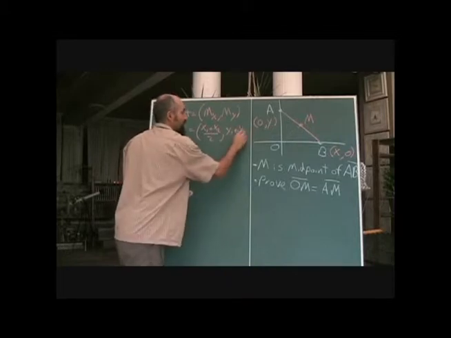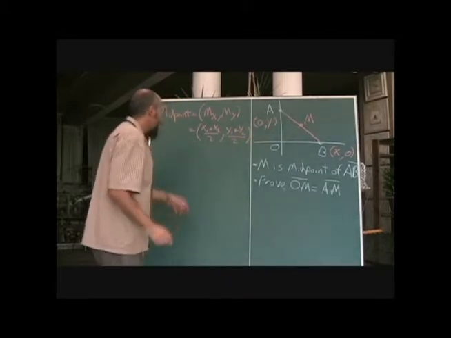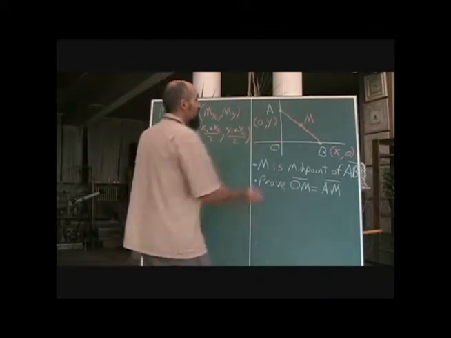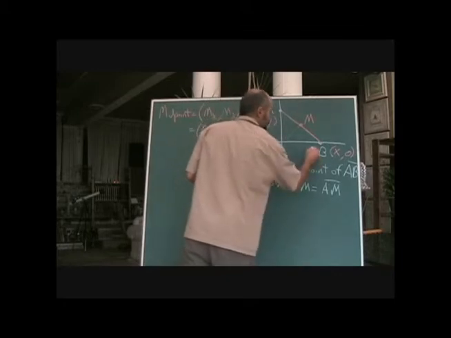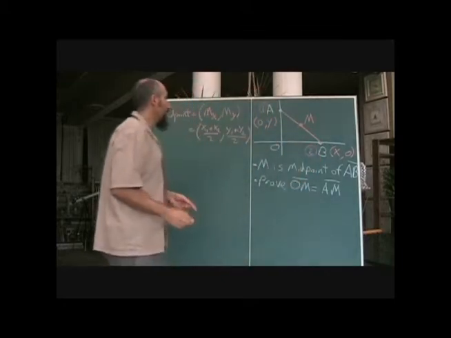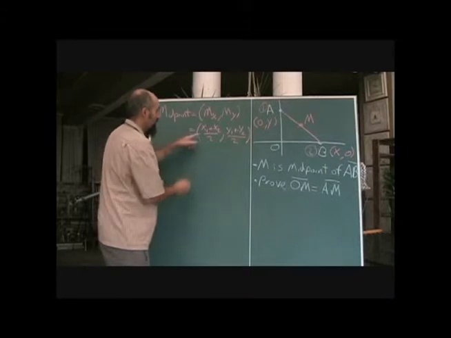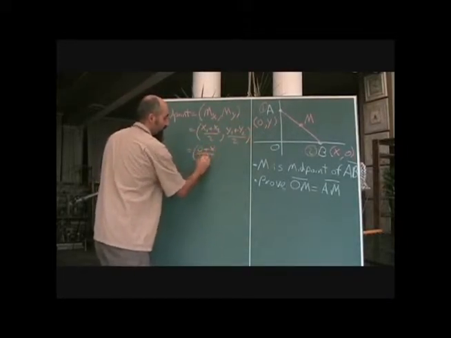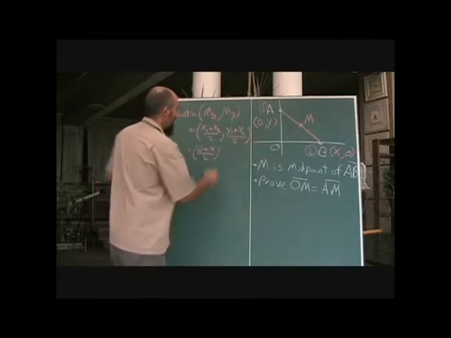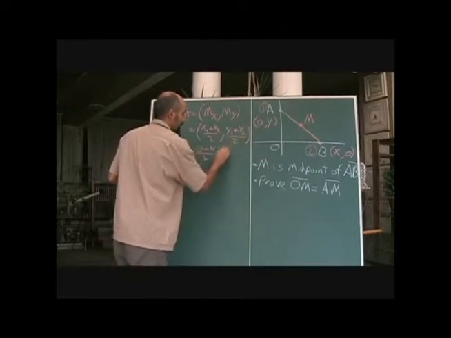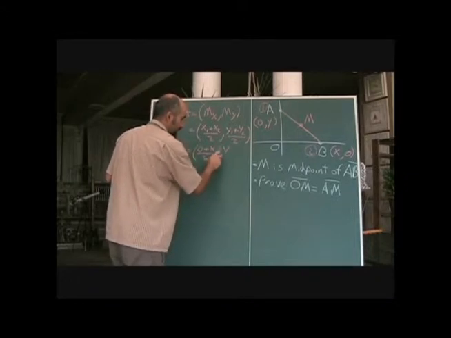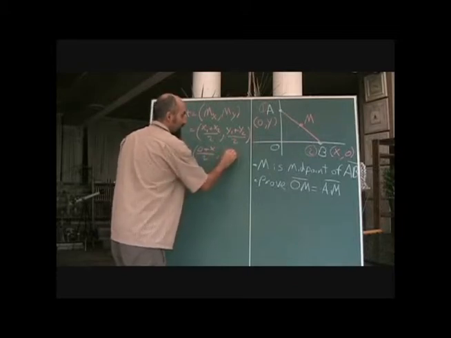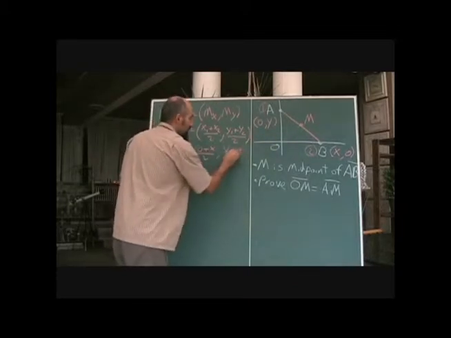So we haven't decided which one's going to be our first point and which one's going to be our second, so we're just going to decide it right now. We're going to call this one our first point. We're going to call this one our second point. So x1 is going to be 0 plus x over 2, because that's our x2. y1 is y, plus y2 is 0, over 2.